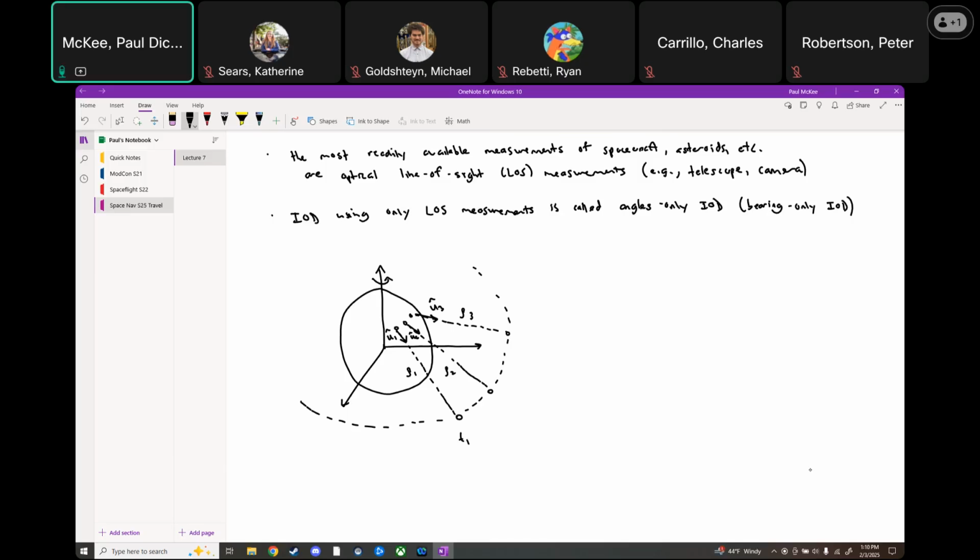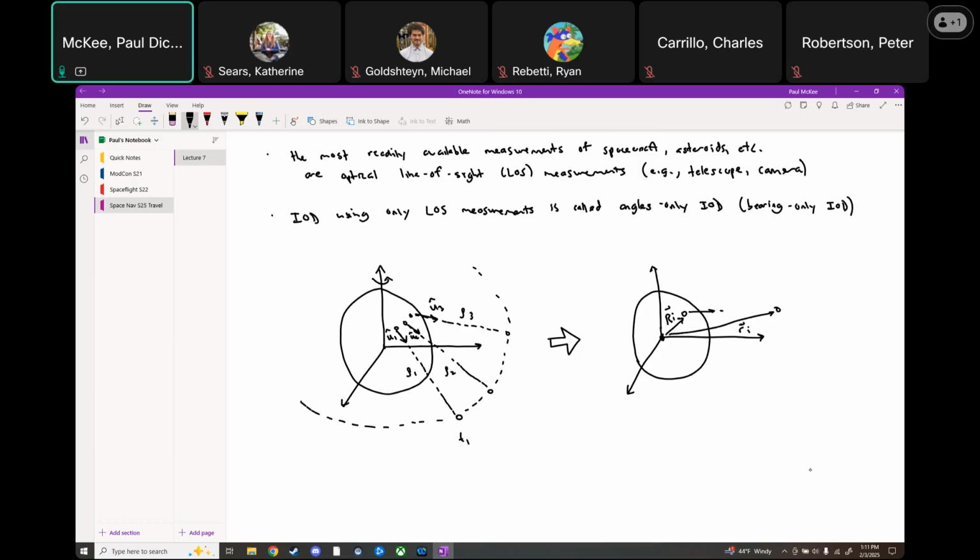And to make this make a little more sense, let's just look at one of these measurements. Here's our ground station. I'm going to say that the vector from the center of the Earth, the origin, to the ground station is some capital R_i. And the vector out to the spacecraft is some lowercase r_i.